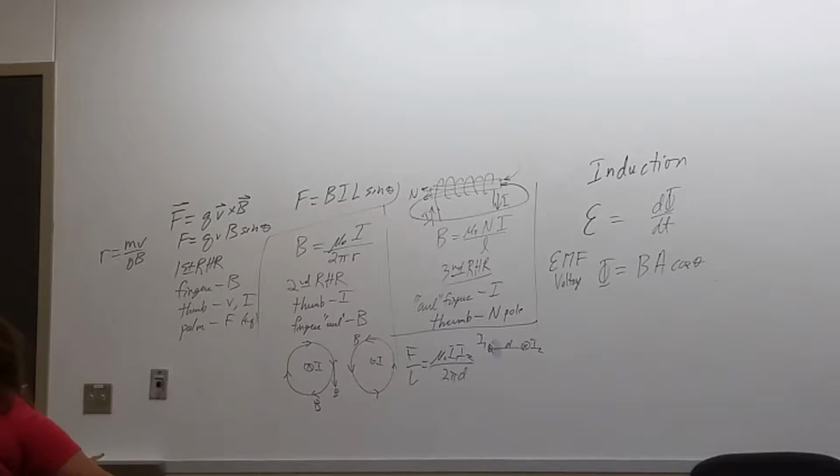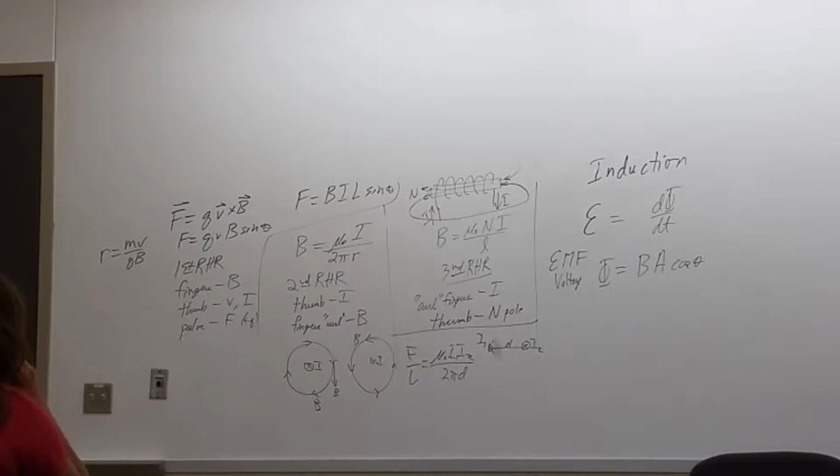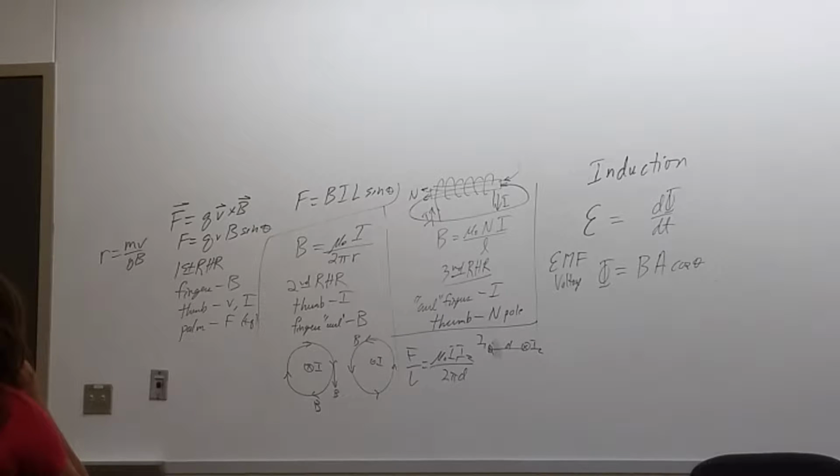We just mentioned electric flux a little bit back when we were doing Gauss's law. Electric flux, remember, Gauss's law was that electric flux through a closed area was the integral of E dot dA, and that was equal to the charge inside the area divided by epsilon naught. And we really didn't do any problems with that.